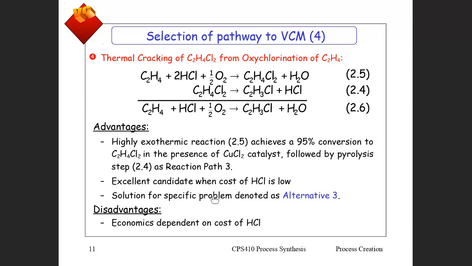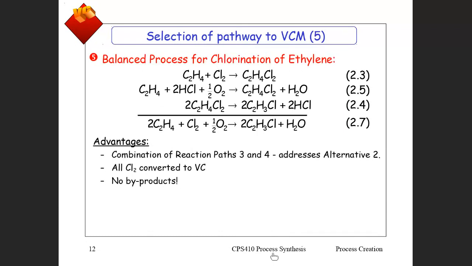And it's a solution for the specific problem denoted as alternative 3. The disadvantages: economics dependent on the cost of HCl. So yes, it's only when HCl is an inexpensive material. And now we go on to the last one.